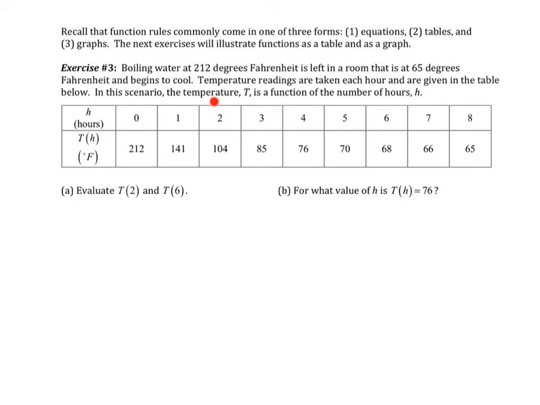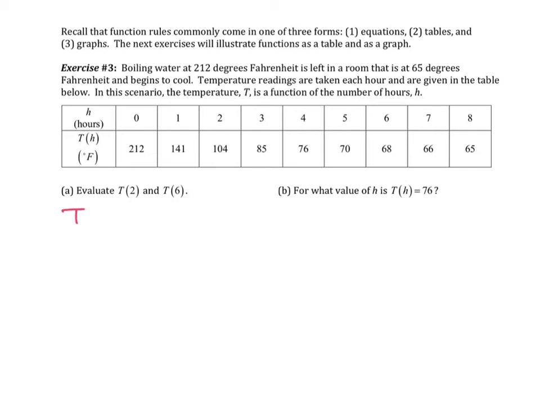In this scenario, the temperature T is a function of the number of hours, H. So h is our input, and depending upon how many hours have passed, we can read our temperature at that time. So if I'm asked to evaluate using a table, it's really pretty easy.